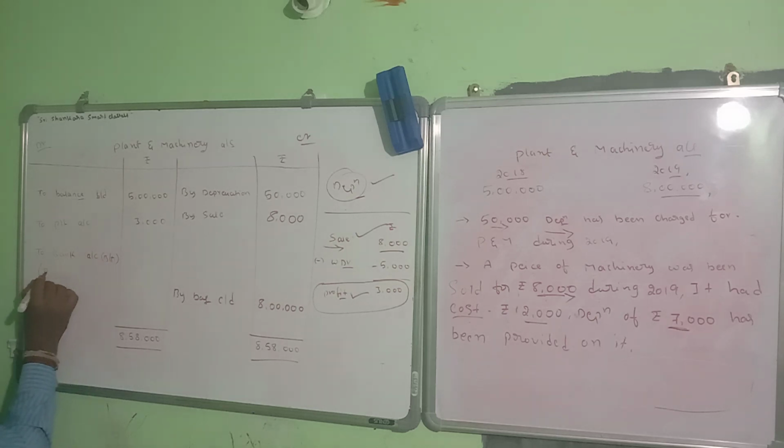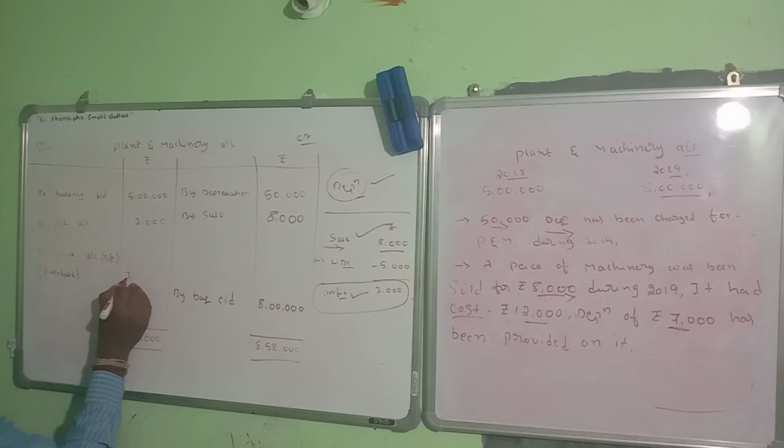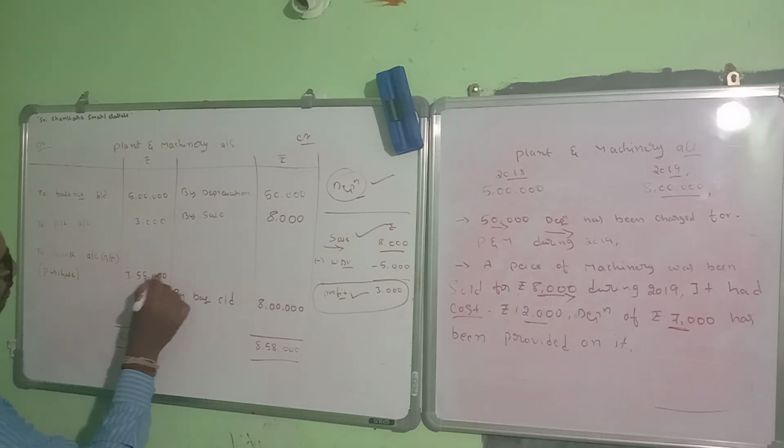You can write purchases in brackets. So 8,58,000 minus 5,03,000, you get 3,55,000. This is from the given information.